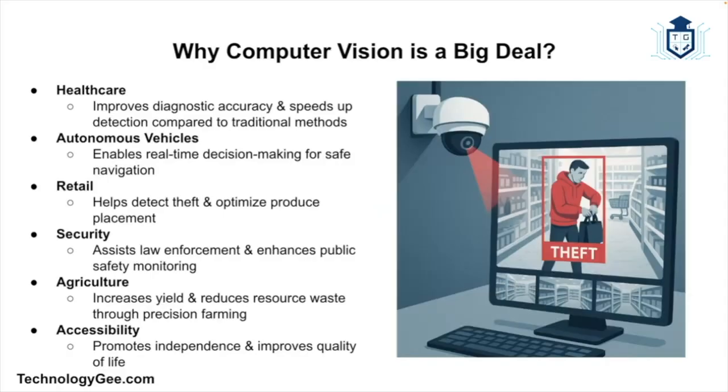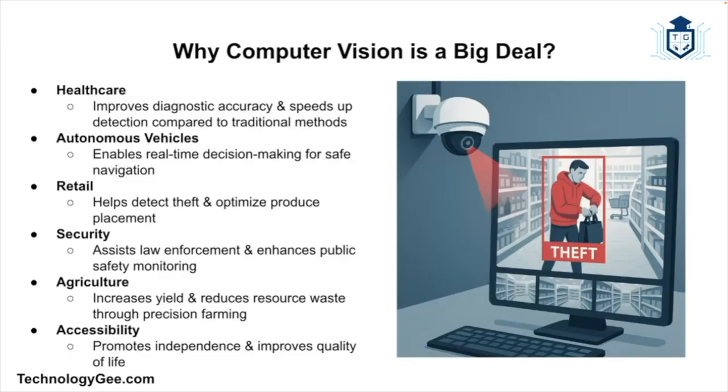Now, the next question is, why is computer vision such a big deal? Well, here's why this field matters so much. When it comes to healthcare, AI can detect tumors in medical scans faster than human doctors. When it comes to autonomous vehicles, self-driving cars, they can use cameras and vision to help navigate. When it comes to retail, smart stores that use vision to track products and detect theft.